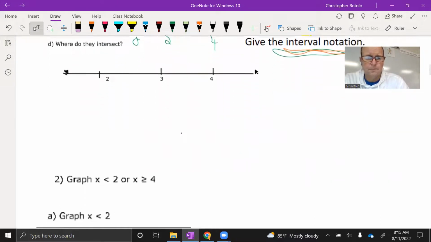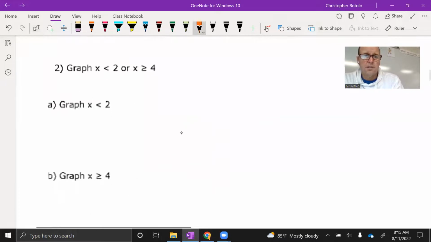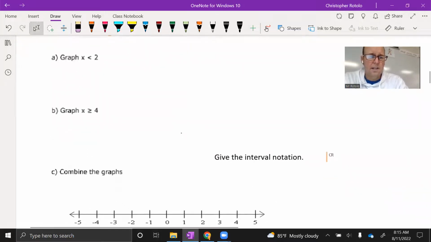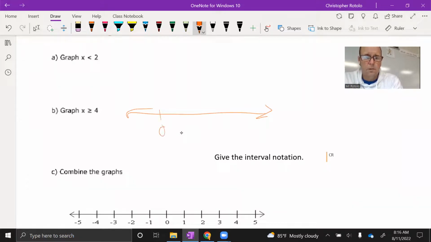All right, this one says or, so I'm expecting the outsides of the number line, maybe open and closed. I'm expecting to see this type of graph. So let's take a look at it. What I'm going to do is jump way down here and put it all together in one graph. 0, 1, 2, 3, 4.